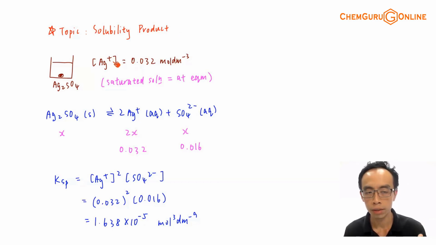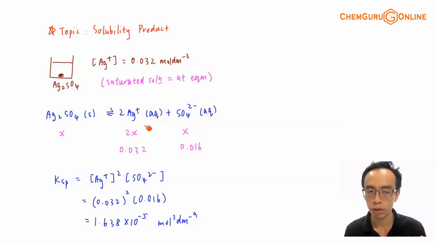And since my Ag+ concentration is 0.032 for a saturated solution, if I consider the dissociation of Ag2SO4 to give me 2 Ag+ and 1 SO4 2-, the concentration of Ag+ is 0.032. Remember, involving the dissociation of the salt, one salt will give me 2 Ag+ and 1 SO4 2-. If x is the solubility of your silver sulfate, then x will give me 2x concentration of Ag+ and x concentration of SO4 2-.